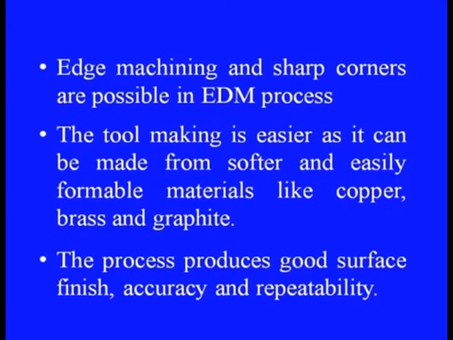Edge machining and sharp corners are possible in the EDM process. The tool making is easier as it can be made from softer and easily formable materials like copper, brass, graphite, etc. The process produces relatively good surface finish, accuracy and repeatability.